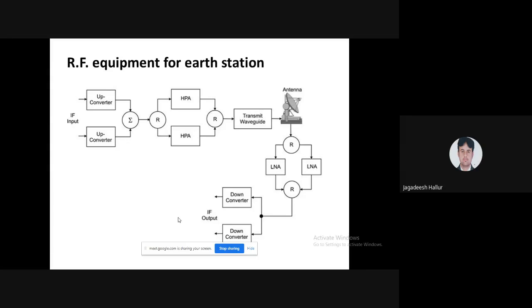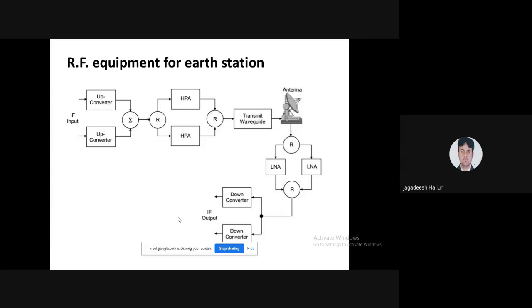The up converter is to increase the signal, so that the baseband signal can reach the high power amplifier. The function of the amplifier is to amplify the signal, again to increase that baseband signal. Through the waveguide it reaches the antenna, and that antenna reaches the satellite.